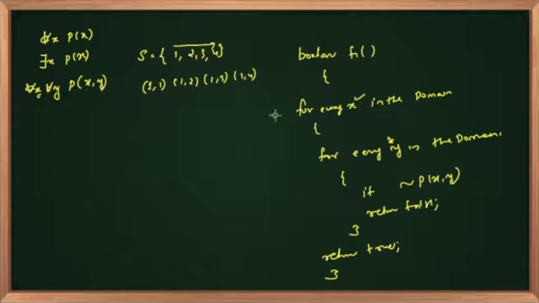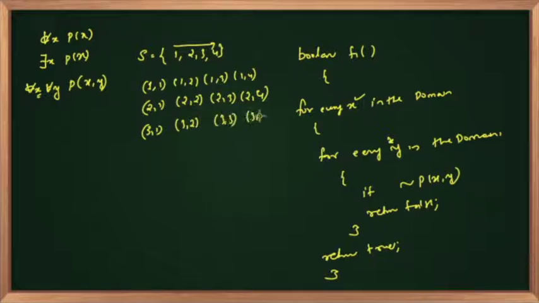Then you take the next x, which will be 2, so you check 2,1; 2,2; 2,3; 2,4. Then 3,1; 3,2; 3,3; 3,4. Then 4,1; 4,2; 4,3; and 4,4.